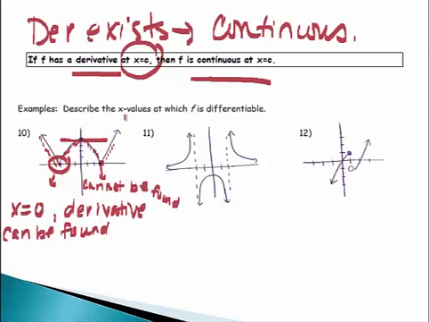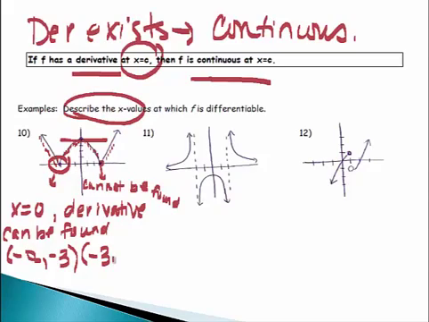So give me all the x values, not just these individual points. All the x values where the derivative exists, or where we say that it's differentiable. From negative infinity up to negative 3, but remember, it's not found right there.